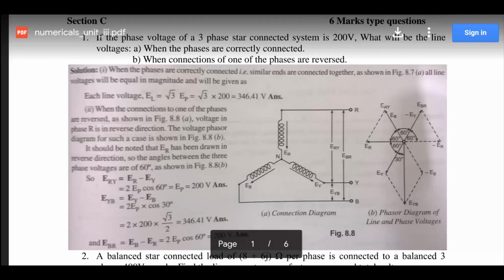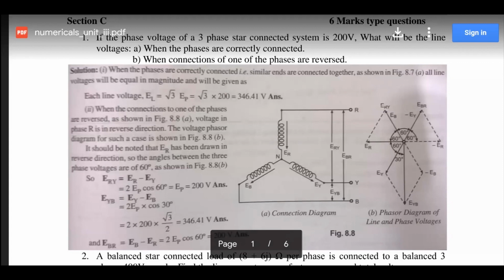Whenever we are talking of the supply system, as given here as 200 volts, this is always line voltage and RMS value. This is to be kept in mind.